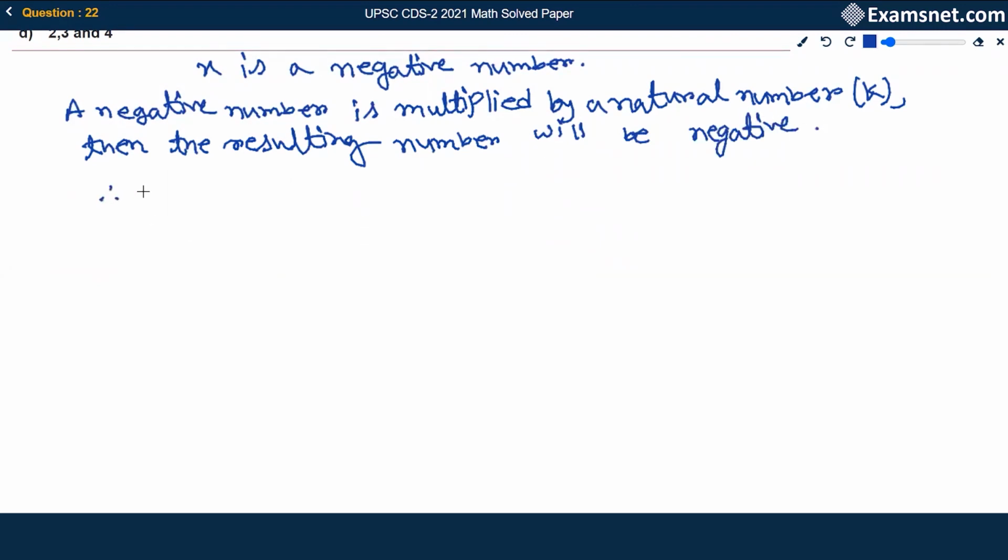Okay, so in that case we can say kx greater than 0 is not correct, because kx will also be a negative number, correct?